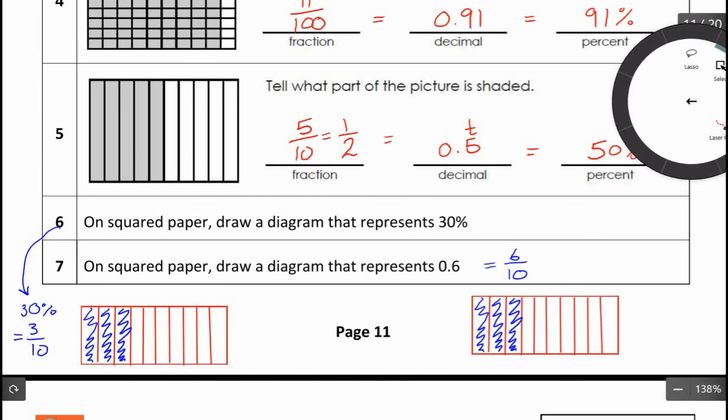And I'm just going to shade in 3 more. So I've got 6 of those 10 bits shaded in. There's 5, and there's 6.